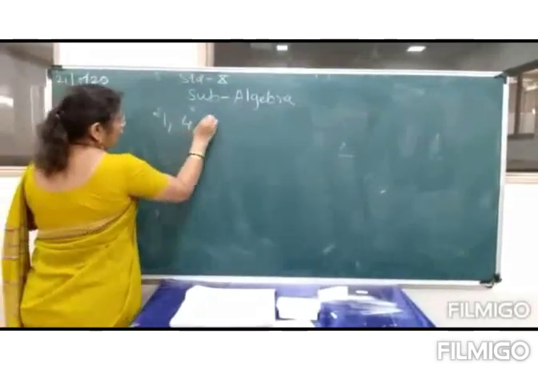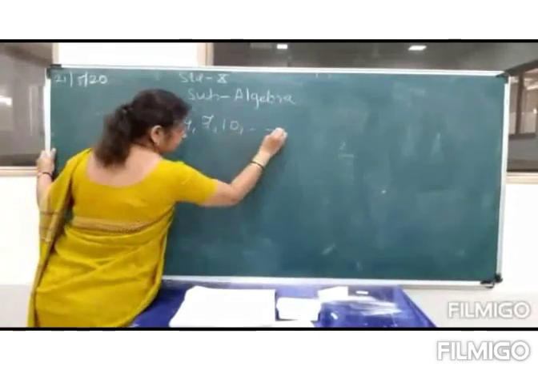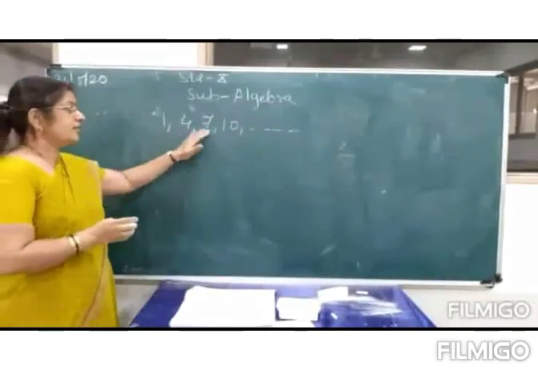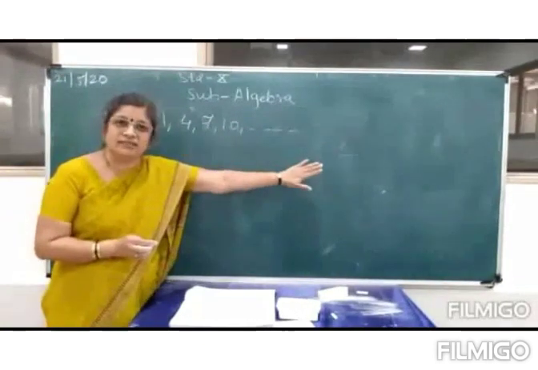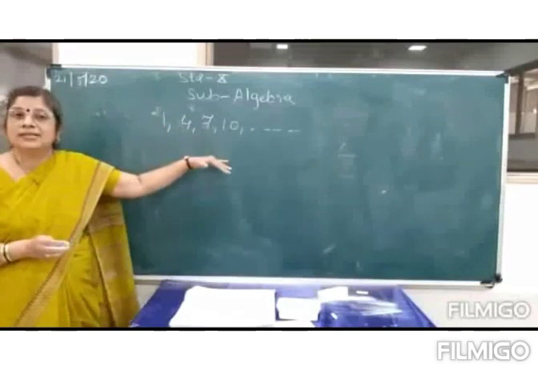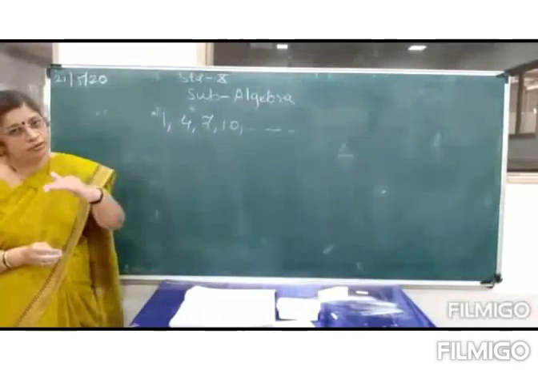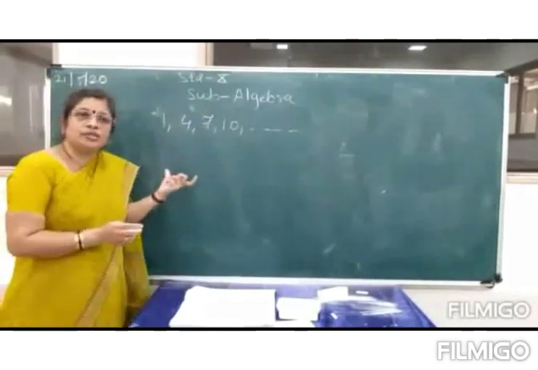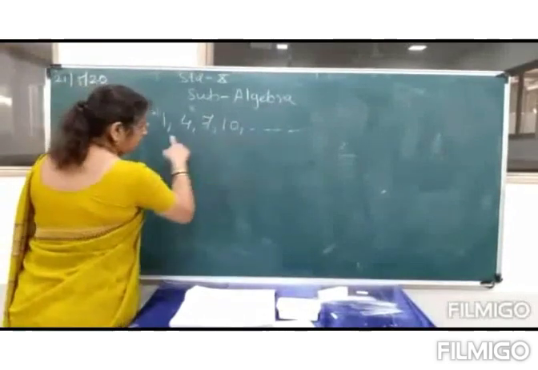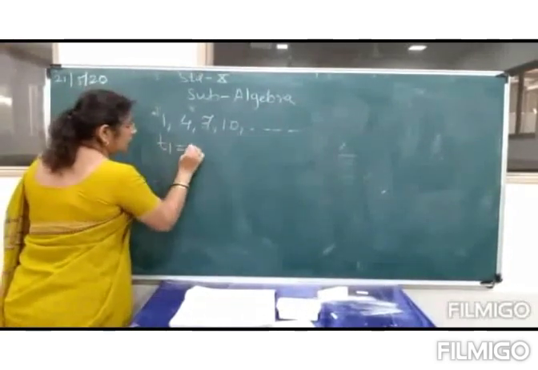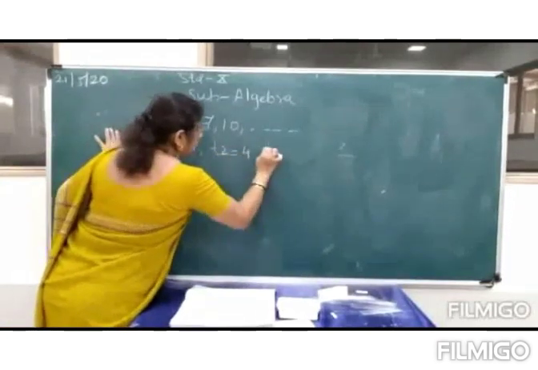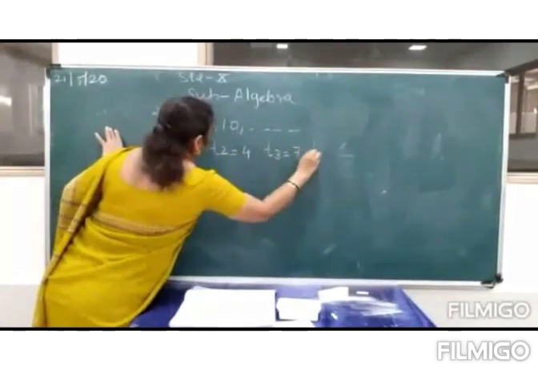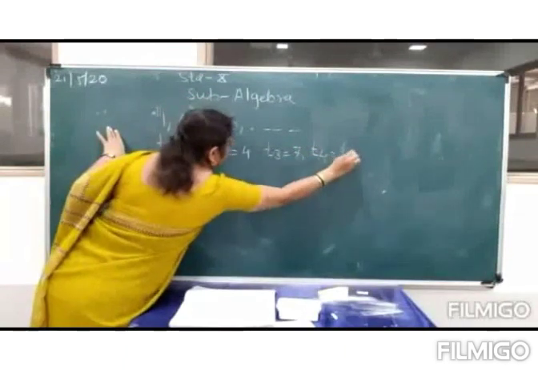Now see the example. 1, 4, 7, 10. This sequence is given, and what we need to check, or justify, is whether the given sequence is an AP or not. Now what is our procedure? First we denote the terms. T1 is equal to 1, T2 is equal to 4, T3 is equal to 7, T4 is equal to 10.